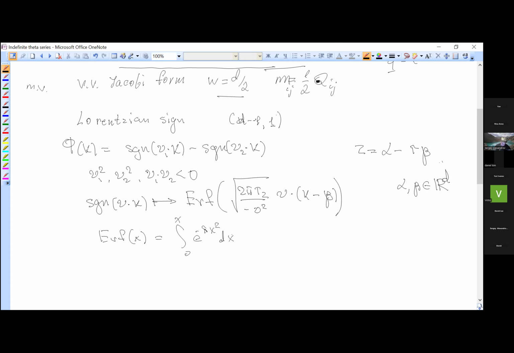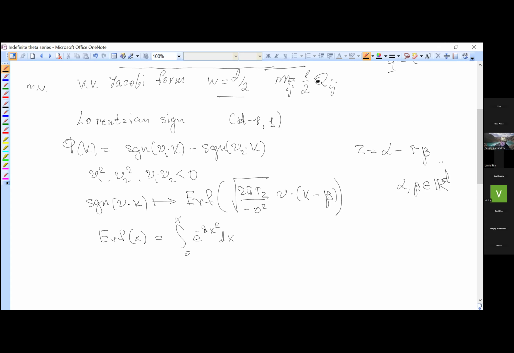All right, but then if you replace the signum by something very strange, that something should give you a signum in some limit. Yes, exactly.